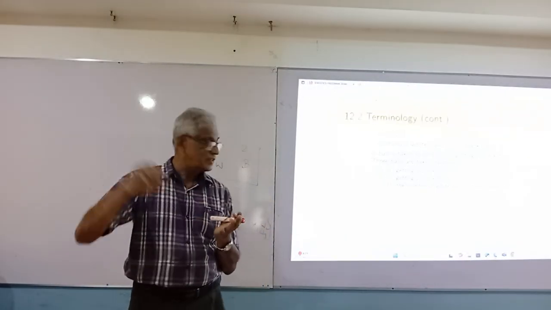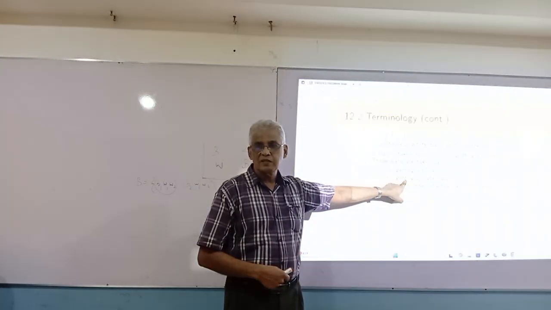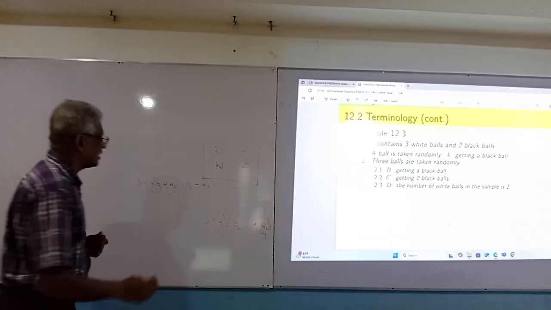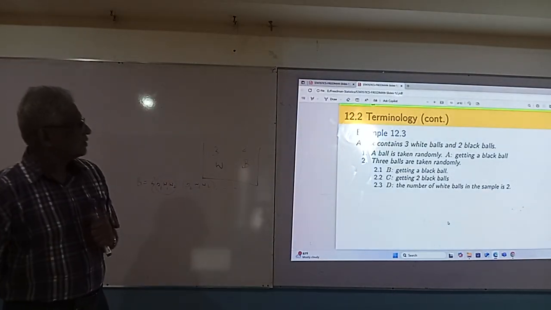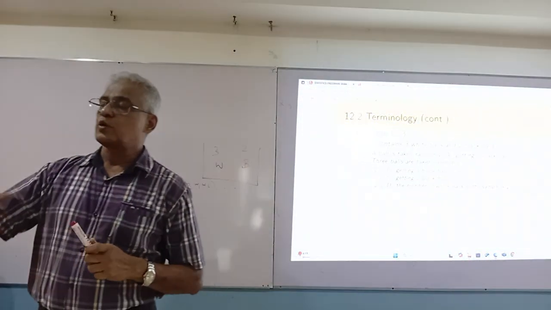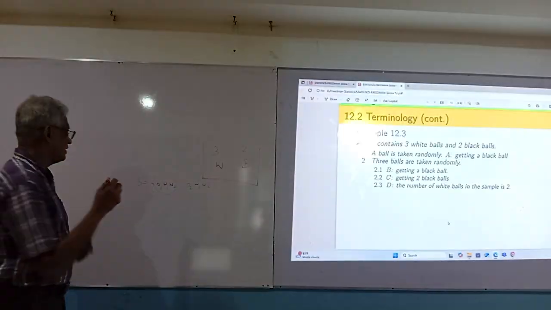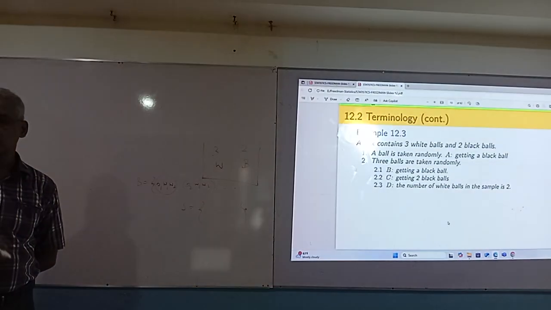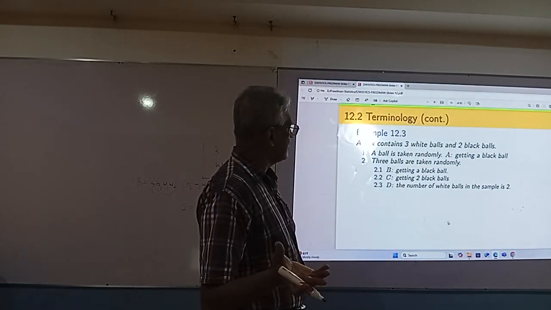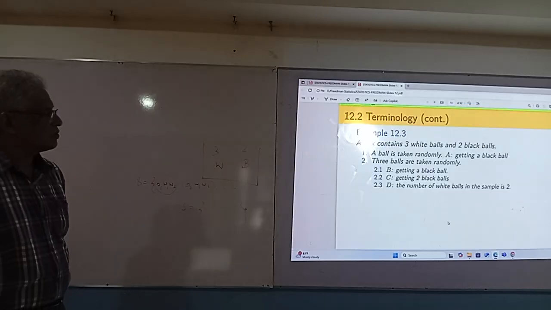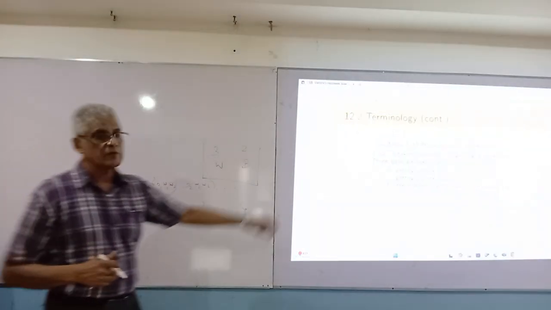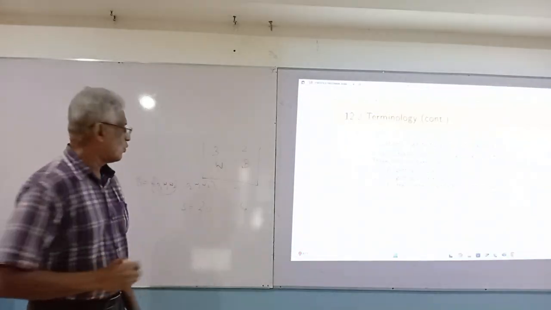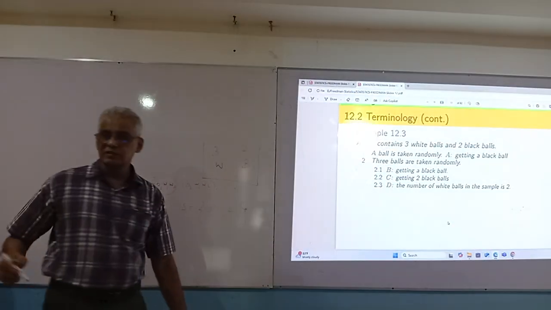If you define your experiment like that, this particular event can be written using that sample space. If you define the experiment as getting 3 balls randomly and counting the number of black balls in the sample, in that case the sample space will be, you have taken 3 balls now, so the number of black balls can be 0, all 3 can be white, so 0 is a possibility, 1 is a possibility, 2 is a possibility.